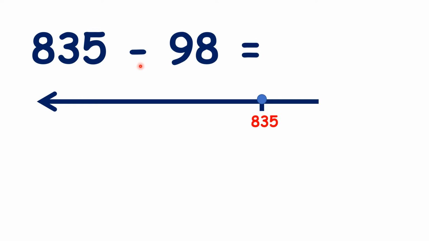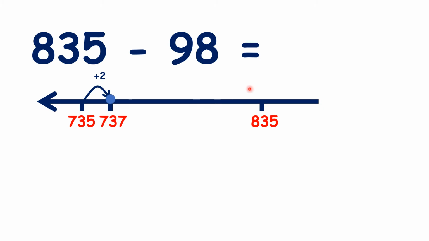Now adjusting isn't just for adding, we can use it for subtraction as well. Rather than subtracting 98, let's first subtract 100, and now, because we've subtracted 100 rather than 98, we've subtracted 2 too many. So now let's adjust by adding 2.